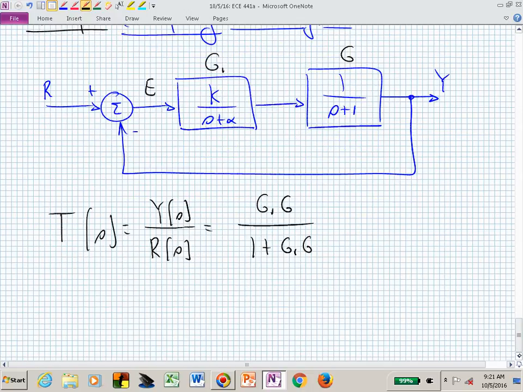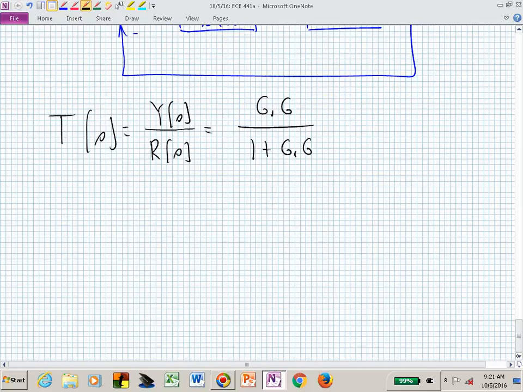And we can actually compute that transfer function for the specific transfer functions G1 and G in the diagram. And we'll show that maybe we can get by without doing that, but let's go ahead and do that. There's G1.